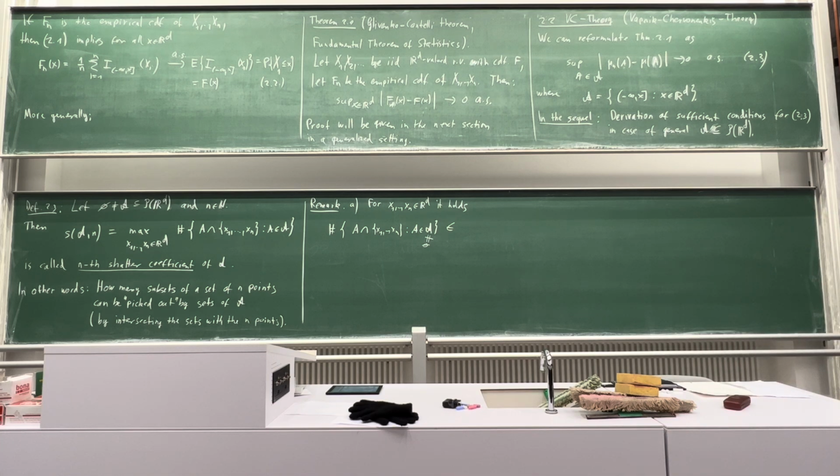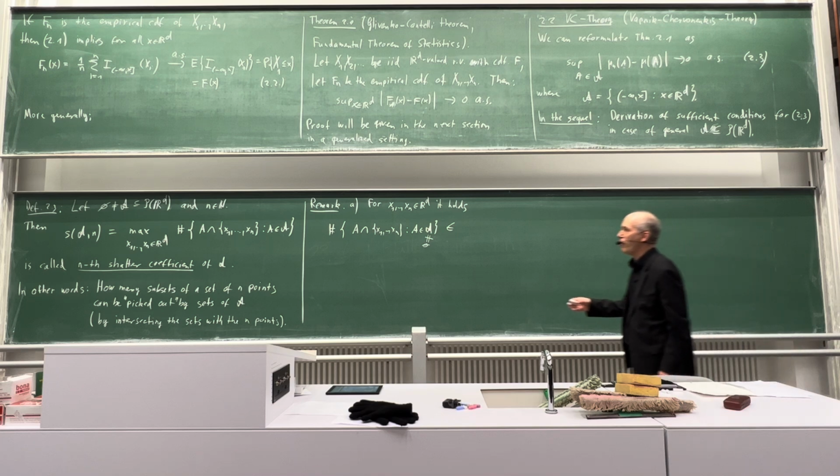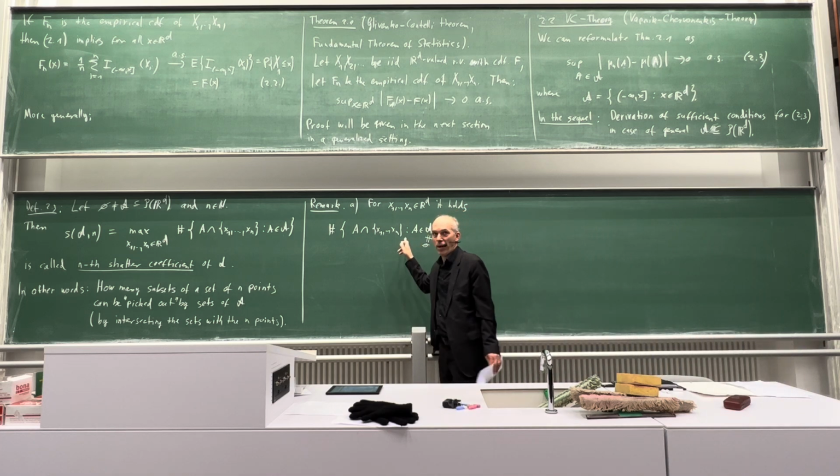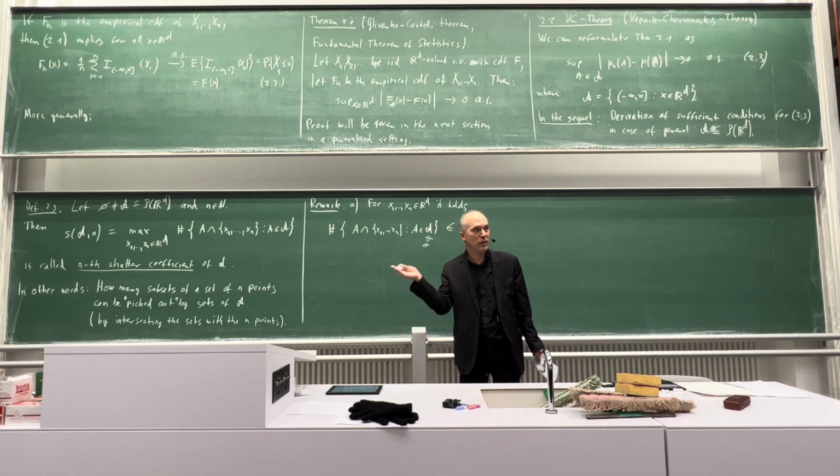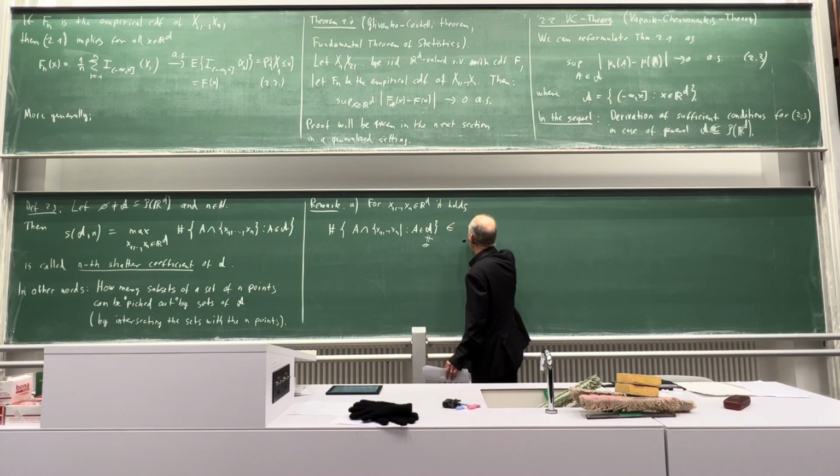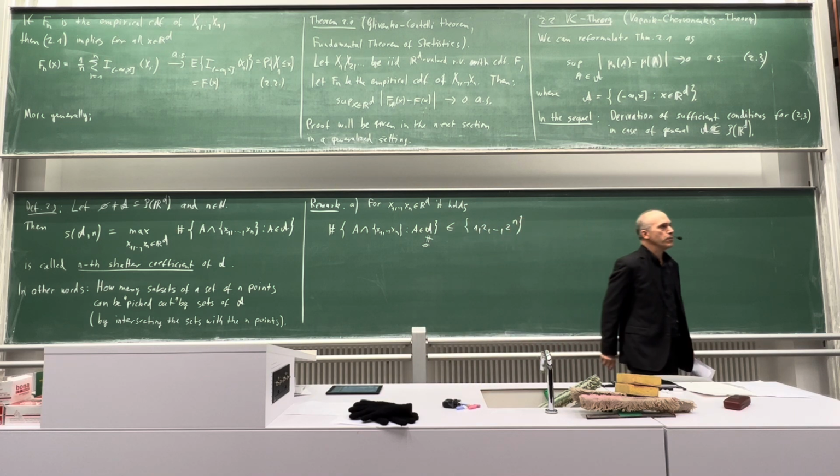Then you can consider the possible number of subsets of x1 to xn, or how many subsets can you choose here? The maximum number is 2 to the power n, but on the other hand, it must be a natural number. So it will be something in 1 to 2 to the power n. That's the first observation we have.